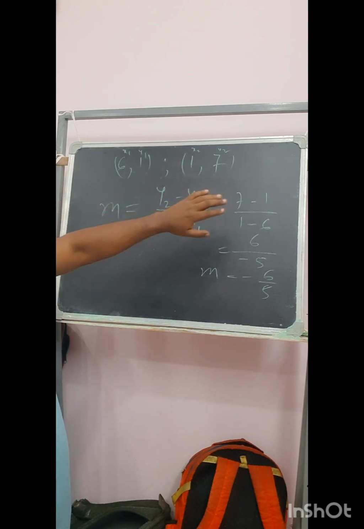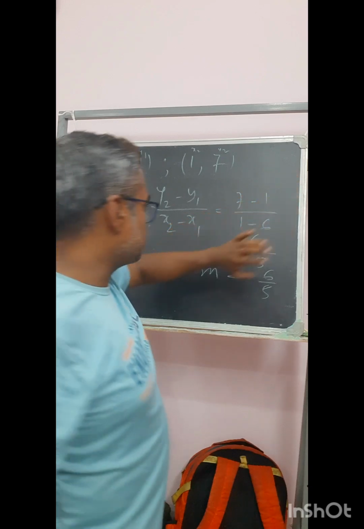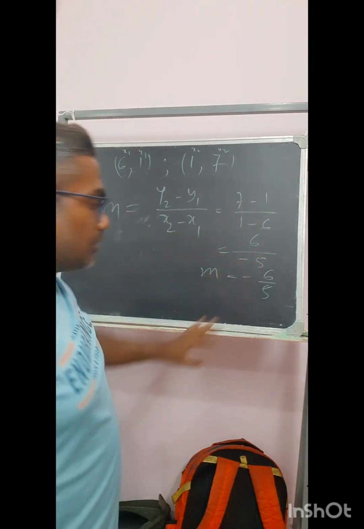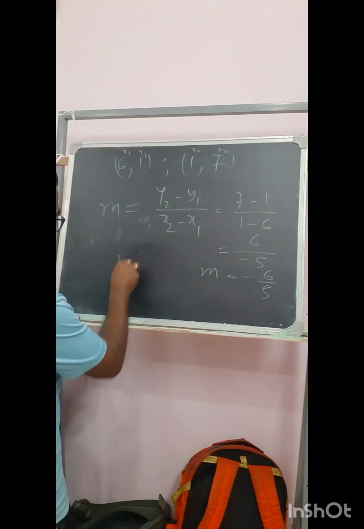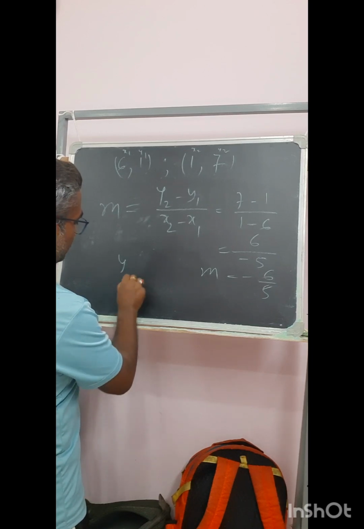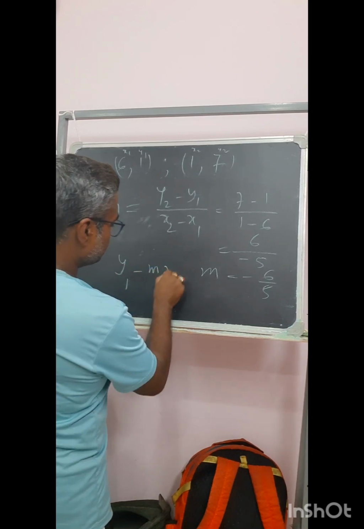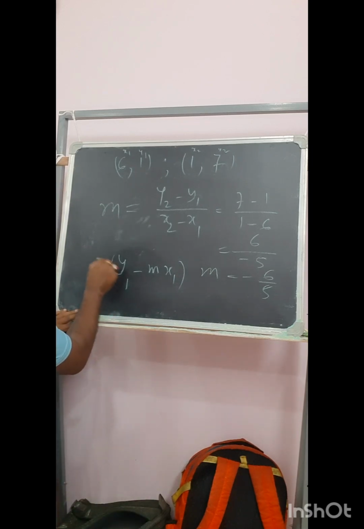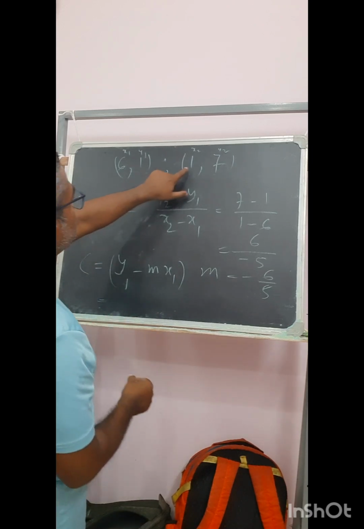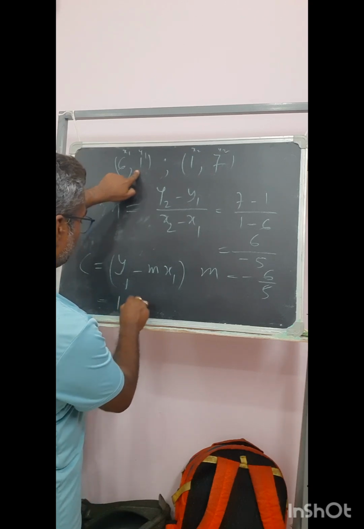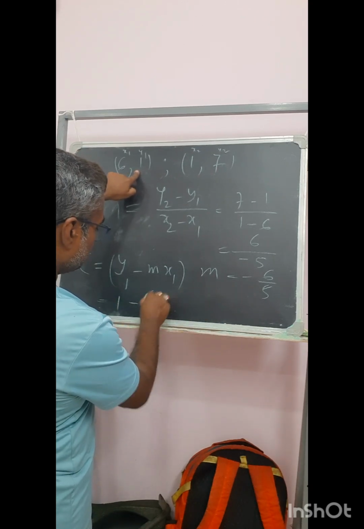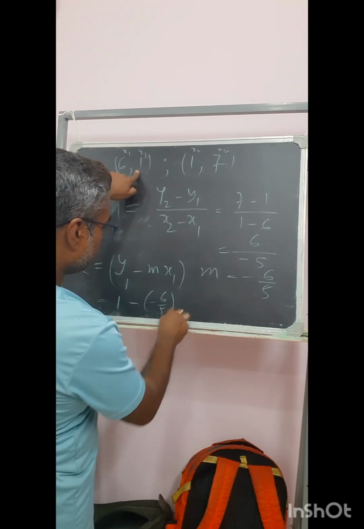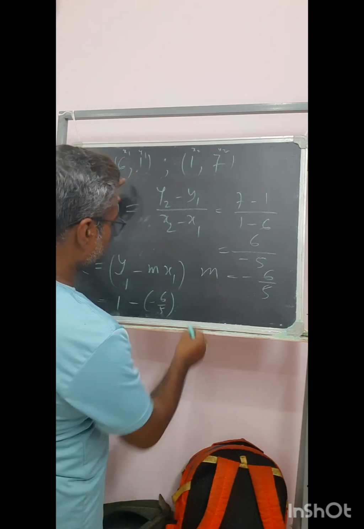If it is asked what the intercept on the y-axis is, then you need to form the equation, or otherwise you remember this: it is y1 minus m x1. This is the intercept on the y-axis. So from there you can get c. So y1 is equal to 1 minus m, which you already found, so minus minus 6 by 5, into x1 which is 6.